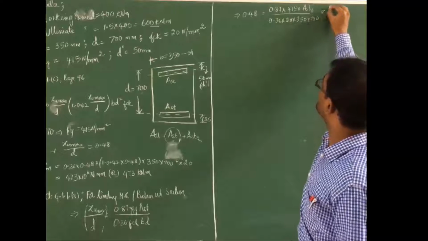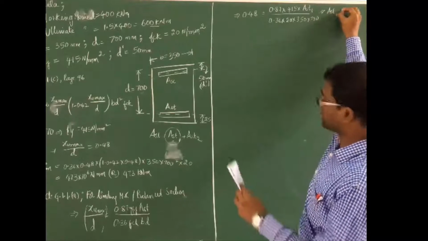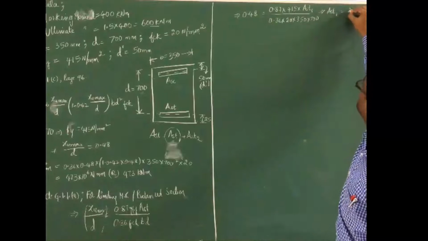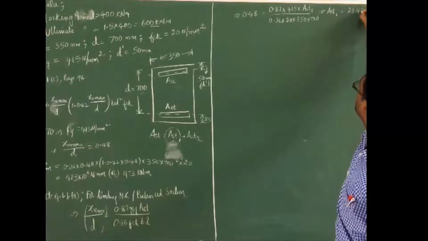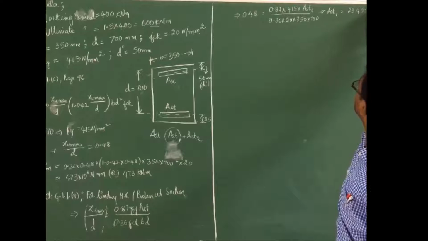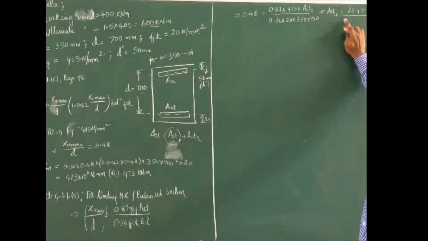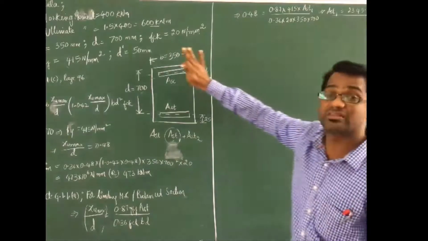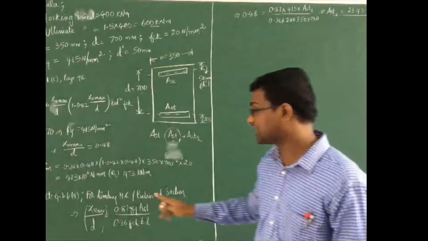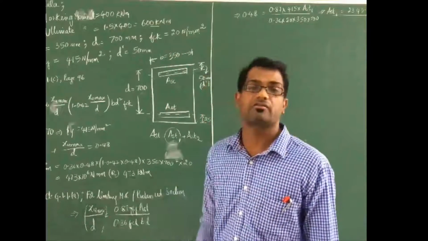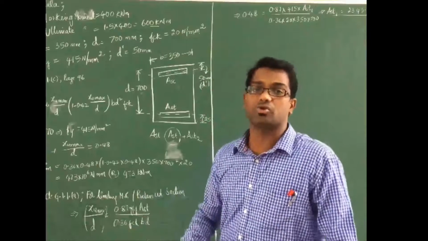From this, AST1 can be calculated as 2345.16 mm square. So what it means is, if you provide 2345.16 mm square for this cross section, it can carry a moment of 473 kilonewton meter.